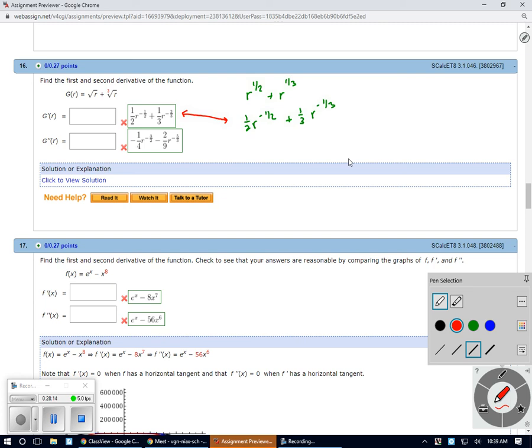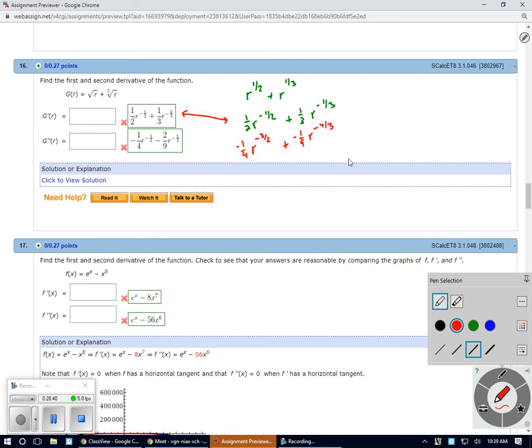Right, so then the second derivative, how do you get that? Take the derivative of that. So you just do the negative 1/2 times 1/2, negative 1/4. Subtract 1 by subtracting 2 halves gives you negative 3 halves. Plus negative 1/9, and subtract 1 by subtracting 3/3 gives you negative 4/3.